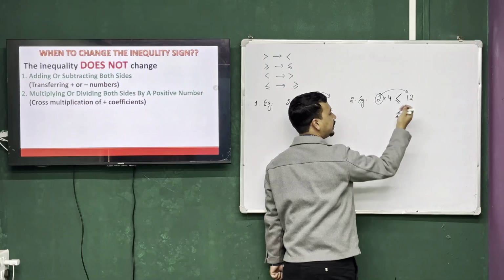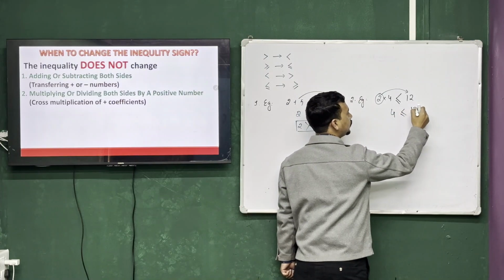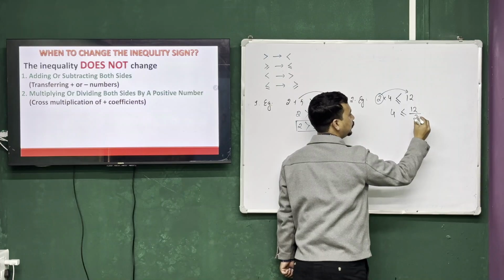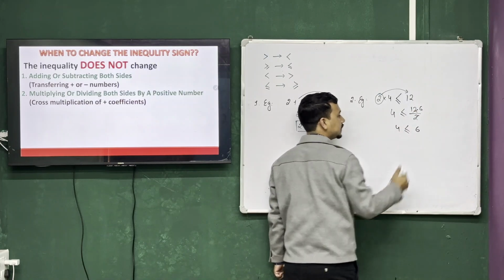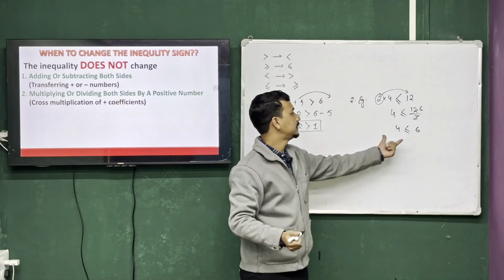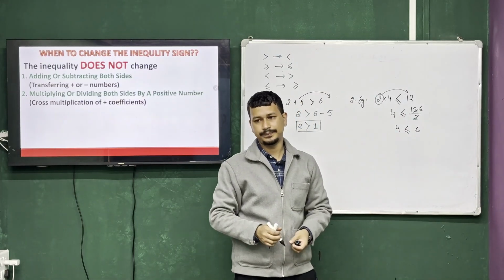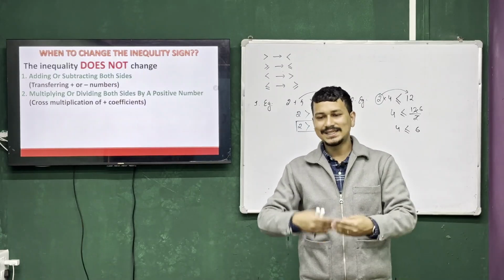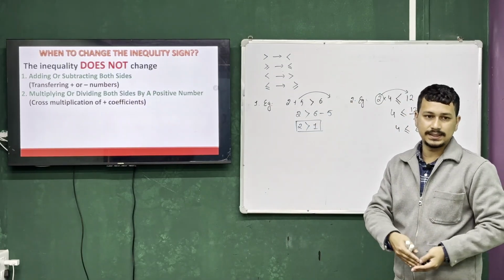So we know that multiplication becomes division. So it will be 4 is less than equal to 12 upon 2, which is 6. So 4 is less than equal to 6. Do you agree? Yes. So this is still true. So we do not change the sign. Okay. Now these examples will be more relatable when you see when we do change the sign.